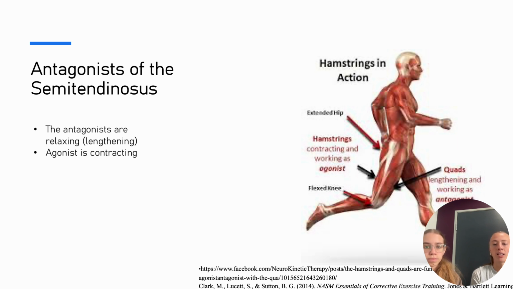And then muscles that extend the hip would also be antagonists, so the iliopsoas, rectus femoris, TFL, sartorius, and pectineus. These are considered to be antagonists because they complete the opposite motion, which is extension. So in order for the agonist to move properly, the antagonist muscle must be at rest or in the lengthening position.